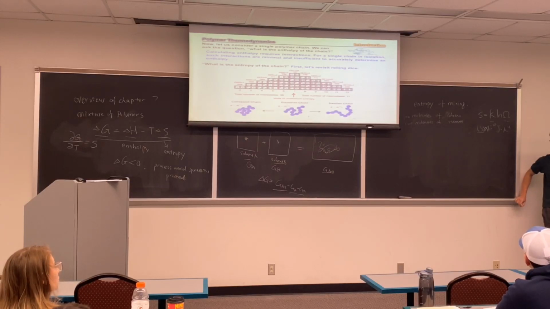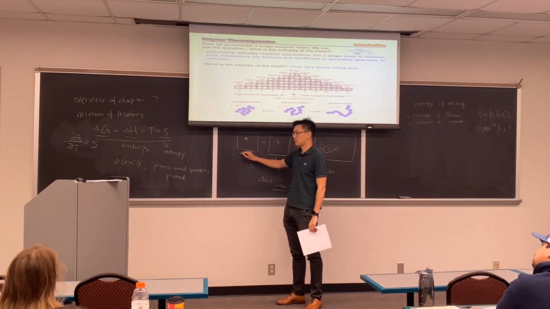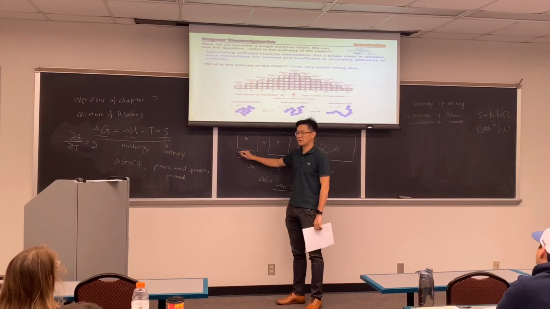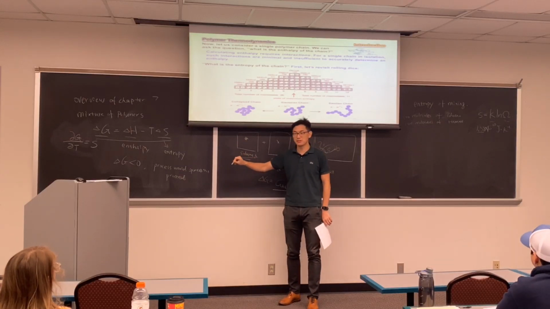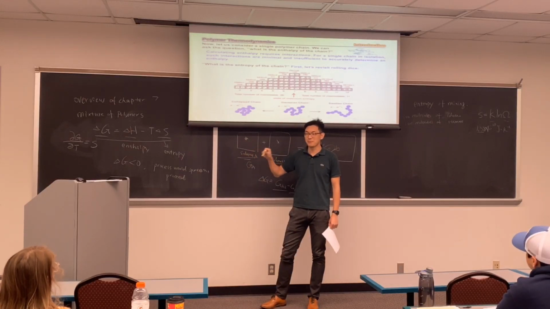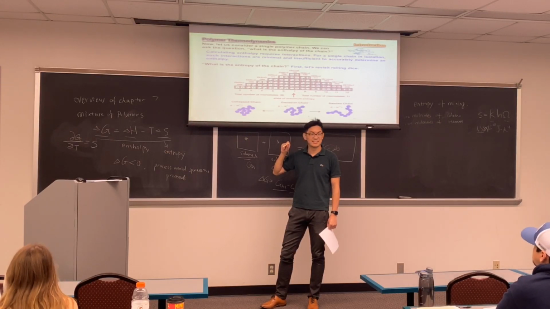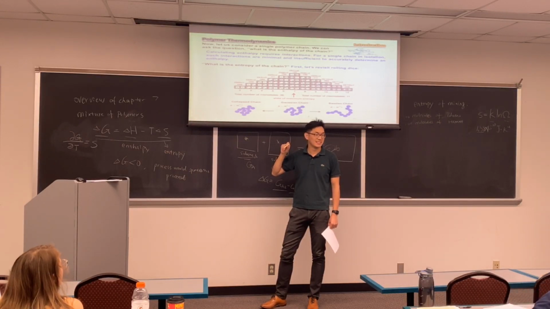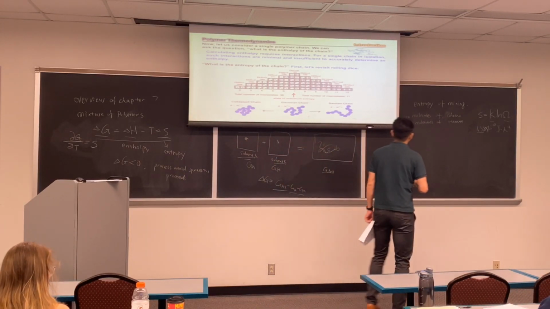Let's start with a simple one. What would be the entropy for a pure solvent sitting by itself? 0. And how do we get 0? All possible states are identical, right?